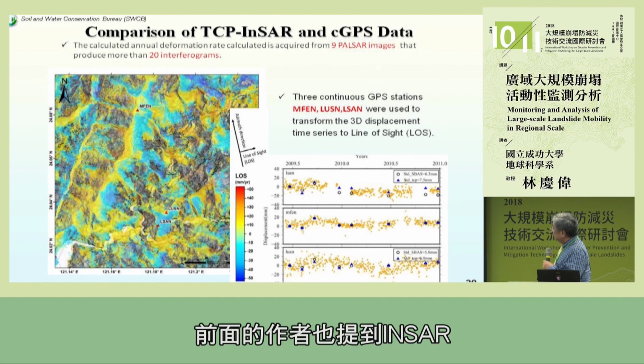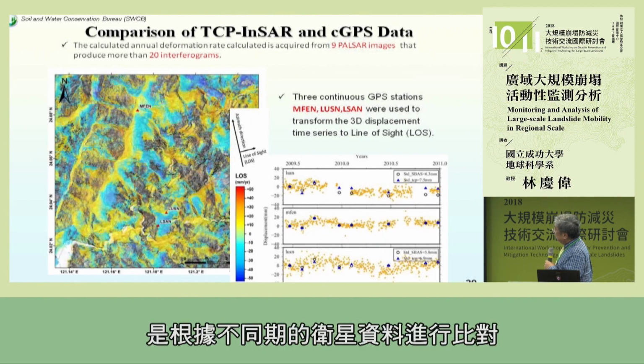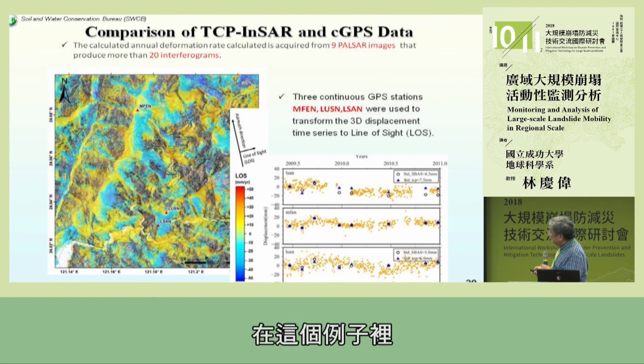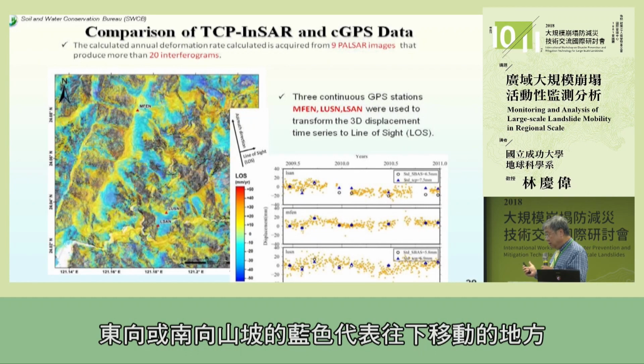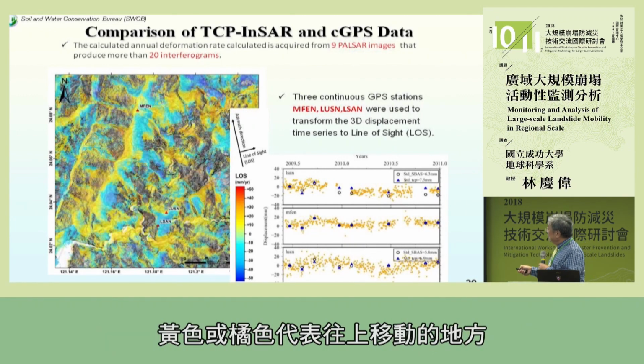Like the previous author mentioned, the InSAR data is in the line of sight relative to the satellite. So in this case, for the east-facing or south-facing slope, the blue color represents the area moving downslope. The yellow or orange color represents the area moving upward.